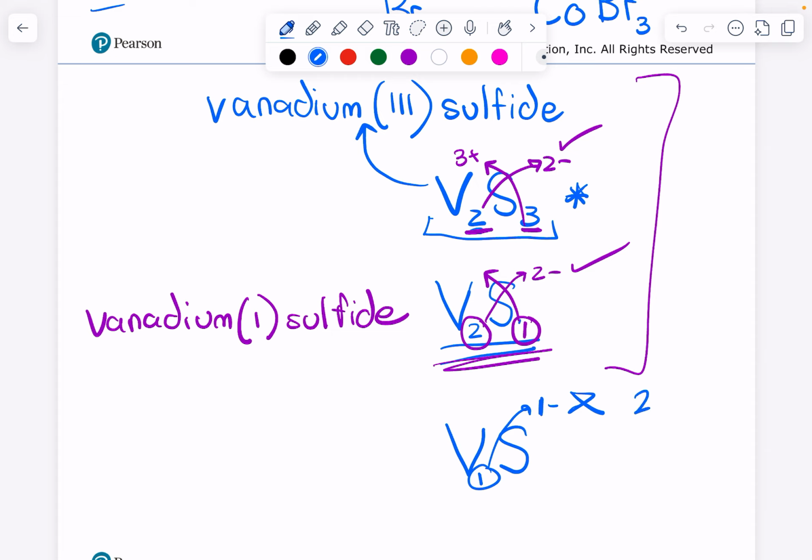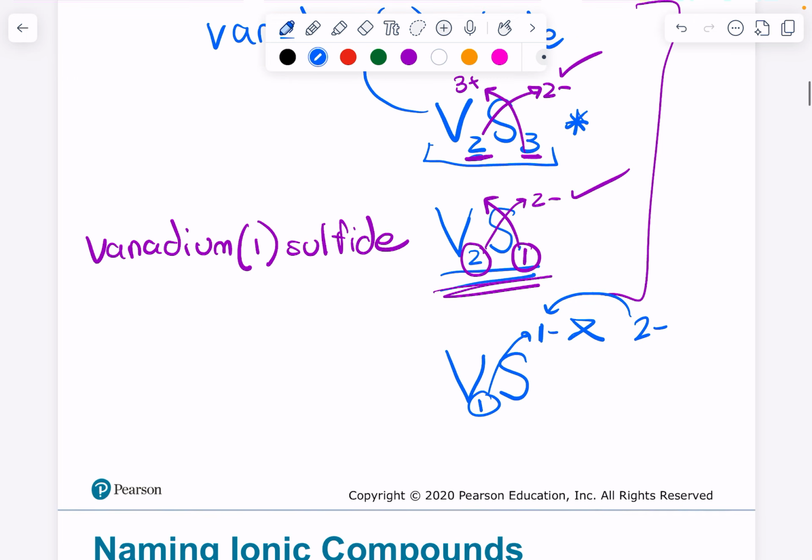I know that it's a -2. So whatever charge I get for the vanadium, it must have been reduced from what the original charge was. And so I'm going to have to compensate for that. So it's almost easier to not do the charge crossing thing when you hit this point where they don't match.